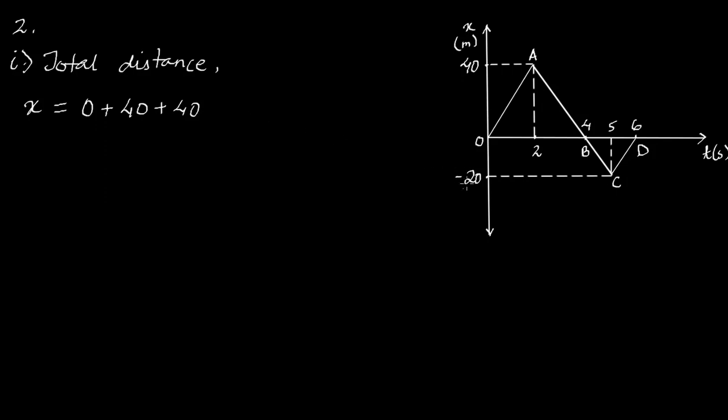The minus sign represents a direction. So we take plus 20, and again from here it goes back there, a distance of 20 plus 20. If you add all this, you will get 120 meters. That's the total distance.